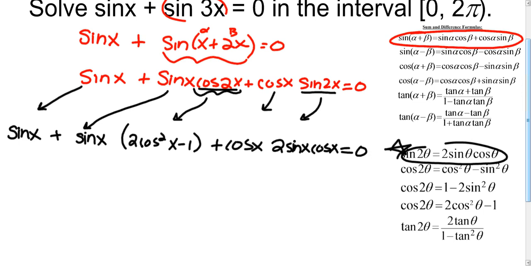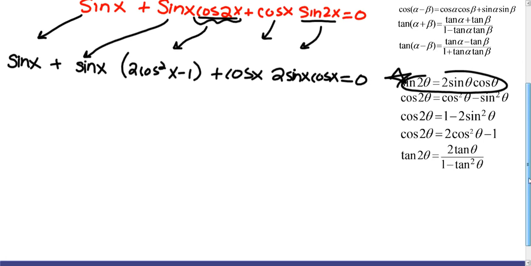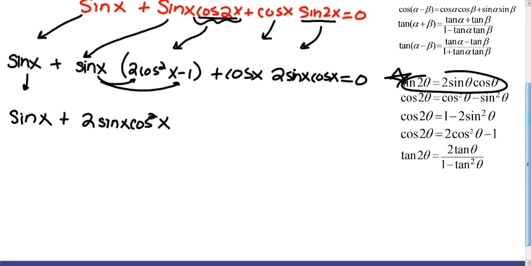All right, we have kind of a mess going on here, as you can see. So now what you need to do is distribute some things. I will bring down this sine x, and I will distribute this through. Sine x times 2 cosine squared x should be 2 sine x cosine squared x.